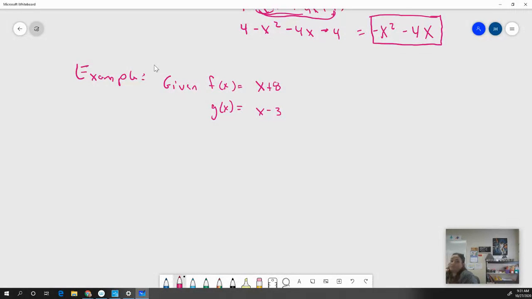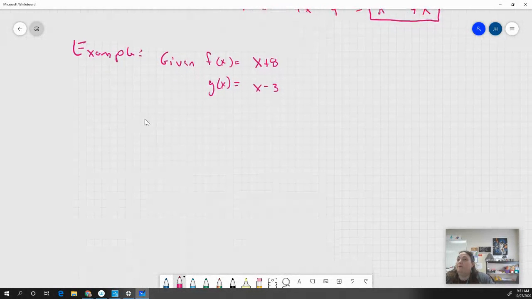Let's do all of the functions on it, all of our combinations, right? We'll start with our composition because, well, that's what we're working on now.